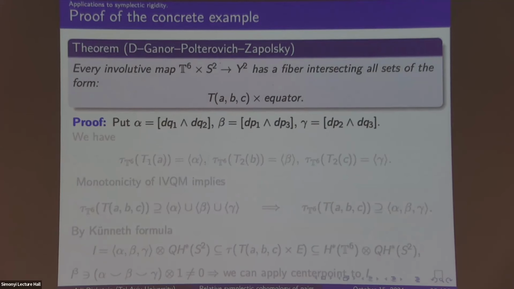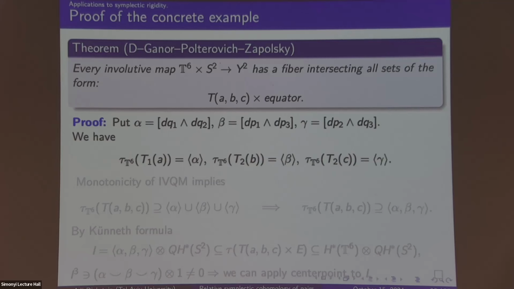So we put alpha, beta, and gamma to be the classes of the corresponding two-forms. For T1 of A, we take dq1 wedge dq2. For the second one, we take dp1 wedge dp3, and the same for the third.